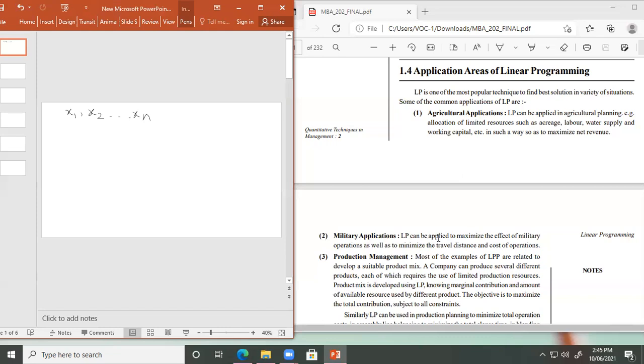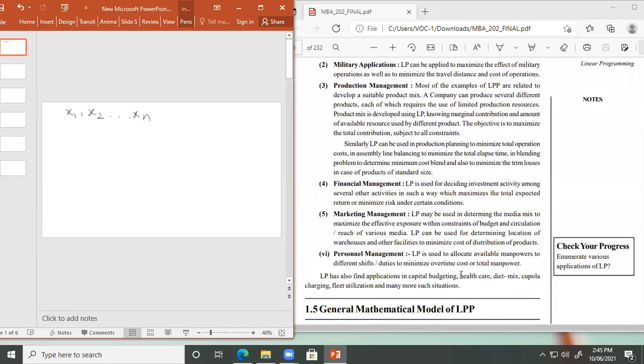The objective is to maximize the total contribution subject to all the constraints. Similarly, linear programming can be used in production planning to minimize the total operation cost, in assembly line balancing to minimize the total elapsed time, in blending problems to determine minimum cost blends, and also to minimize the trim losses in case of products of standardized size.